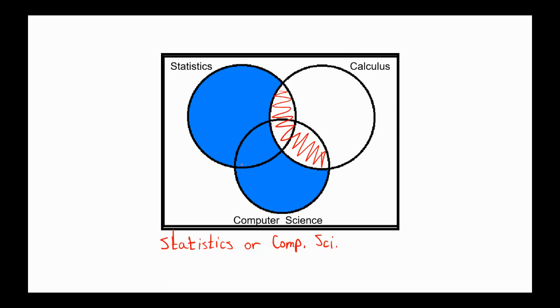So I'm in statistics or computer science, but not calculus. Let's put that. But not calculus. Now, do I know the symbol for the word but? No. What do we say? And not calculus.